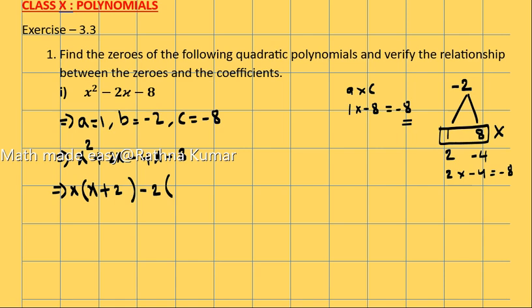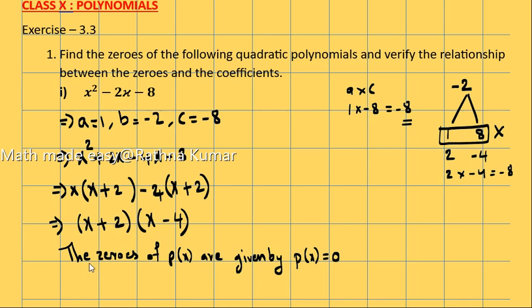Sorry, from the next two terms we have to take 4 common, not minus 2. If we take 4 common, we get x plus 2. Now in these two we have x plus 2 as common, so we get x plus 2 into x minus 4. Okay, so this is the factorization. These are the factors of our polynomial.